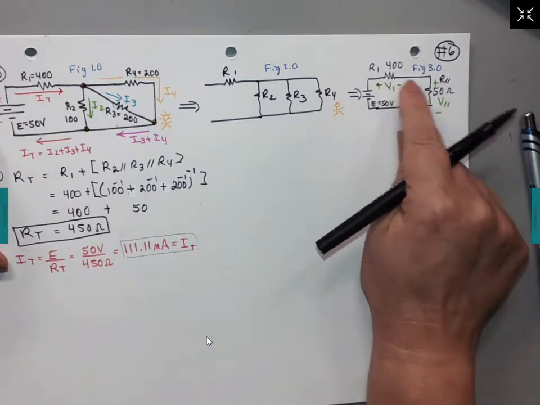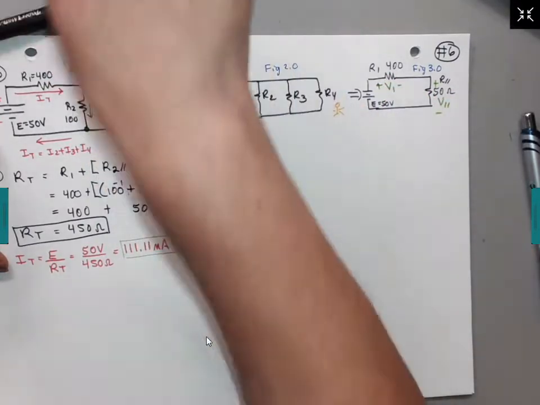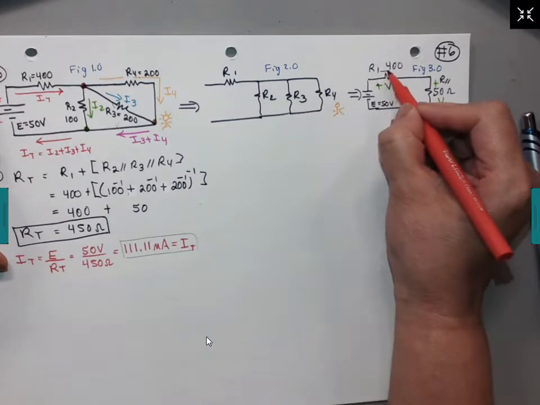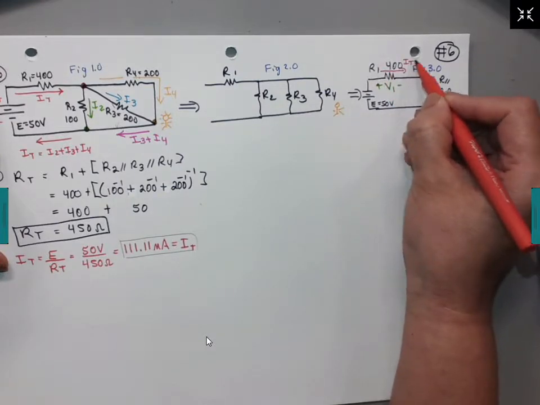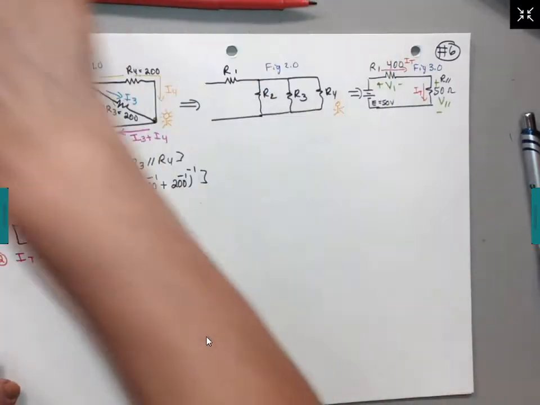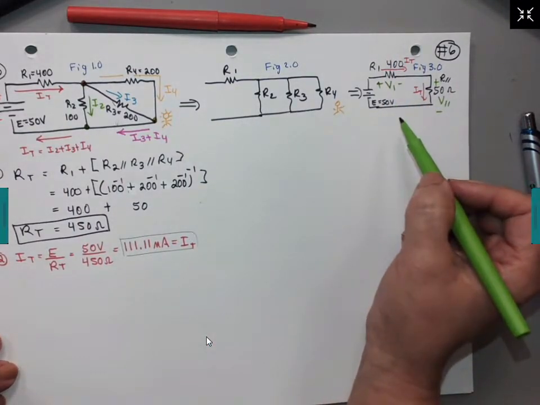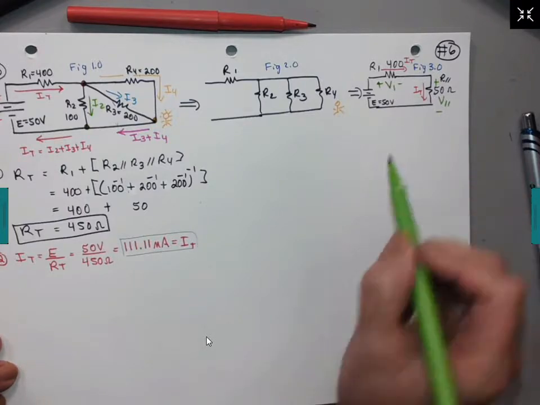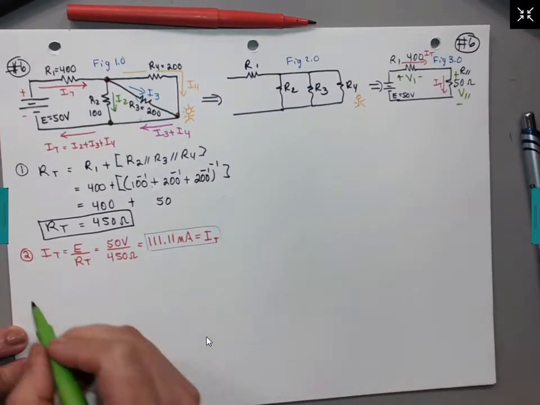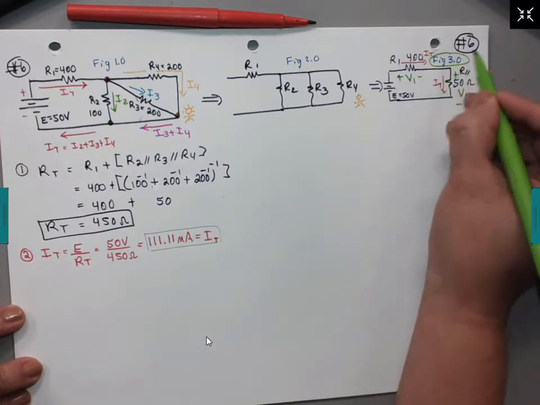Do I have current? Yes. Do I have resistors? Yes. So I can find V1. So this is IT. This is IT. So step number 3, I'm going to find V1 and V parallel. Okay? Yes? So number 3 is going to be using figure number 3.